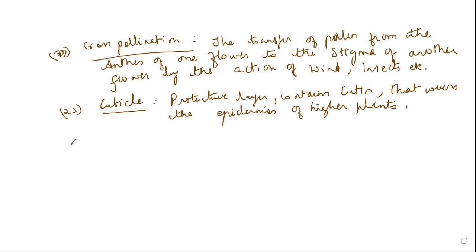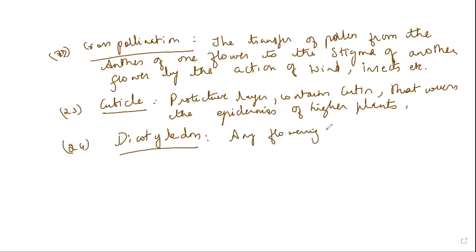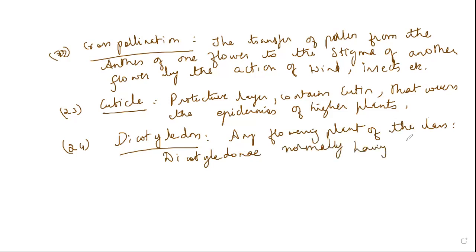The next one, dicotyledon. By the name it suggests, it is any flowering plant of the class Dicotyledonae, normally having two embryonic seed leaves and leaves with net-like veins.